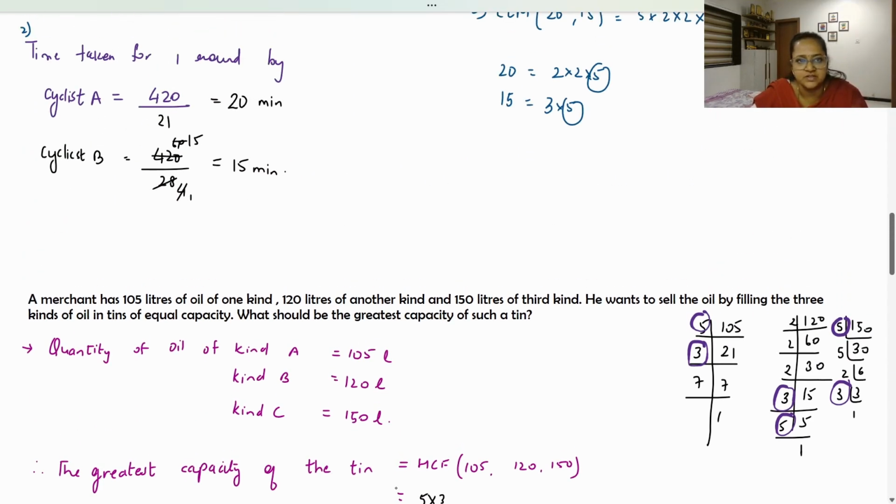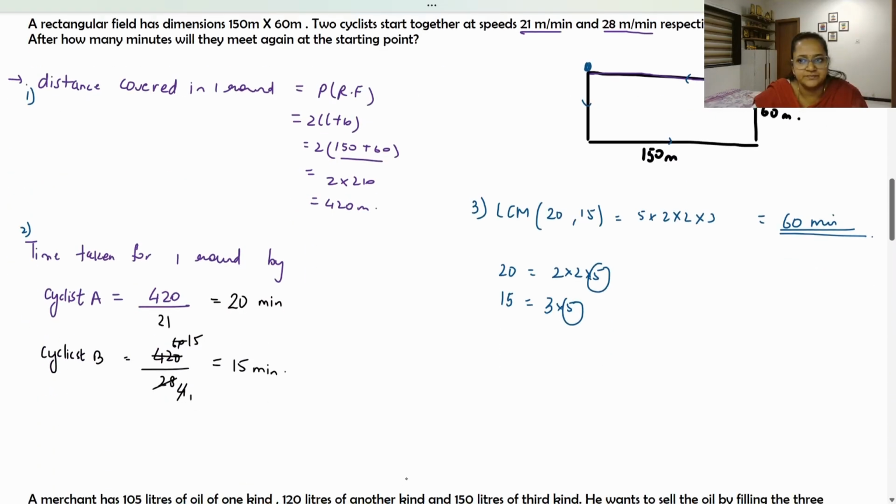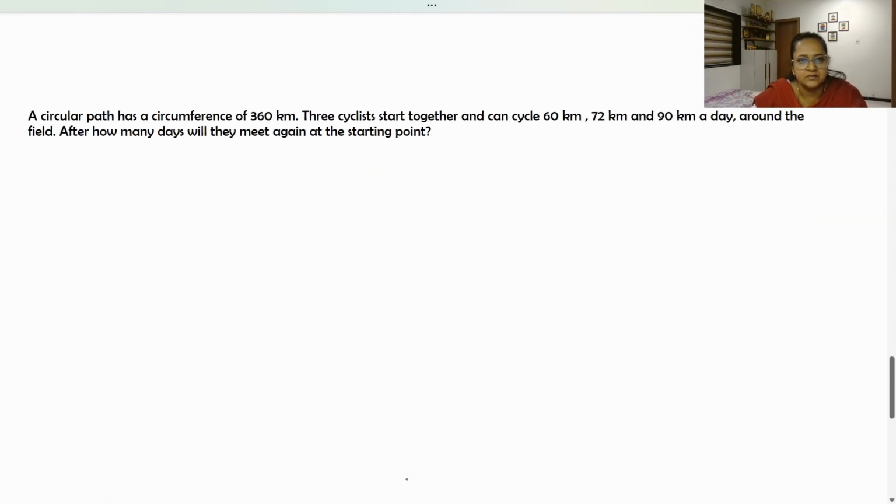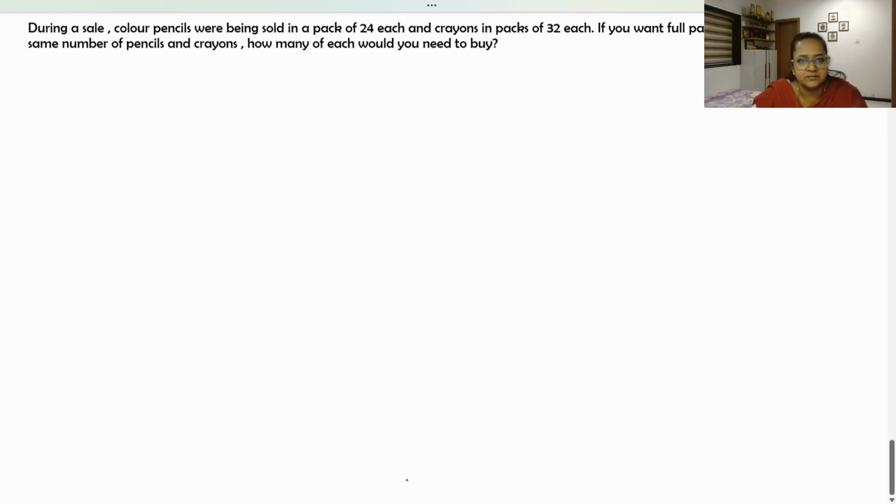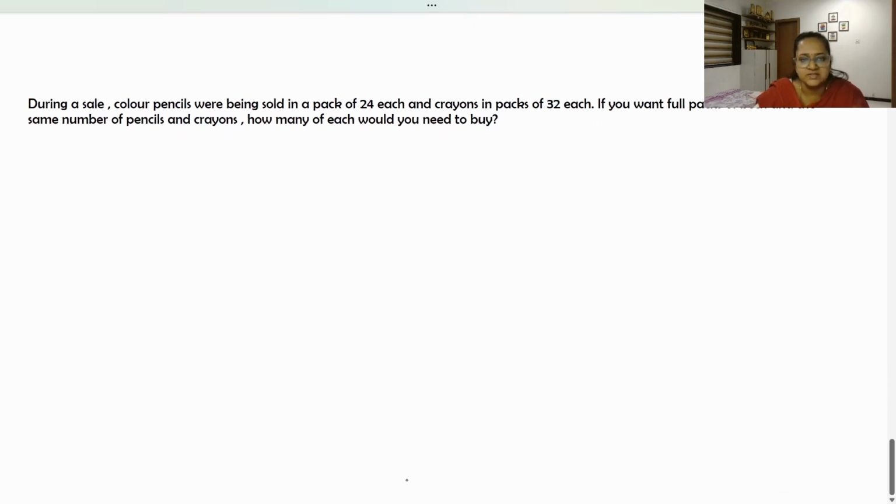A similar question, if you see, we have over here. During a sale, color pencils were being sold in a pack of 24 each and crayons in a pack of 32 each. You are going to buy full packs of both and the same number of pencils and crayons.